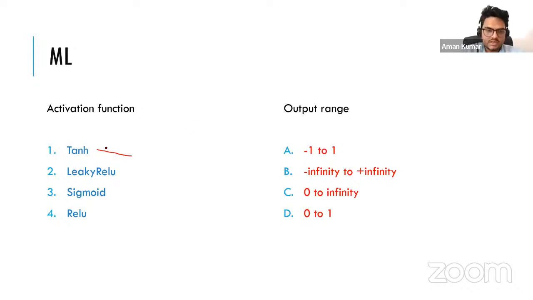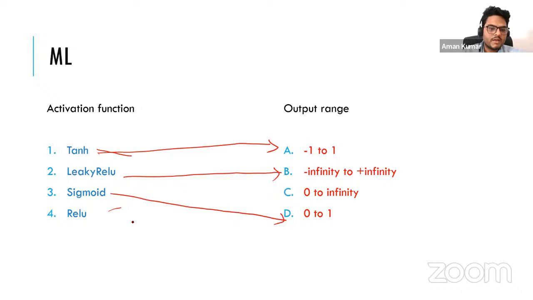So first is kind of A. And then B. And then D. And then C. This is what people are saying. Okay. So tanh is minus 1 to 1. Leaky ReLU is minus infinity to plus infinity.